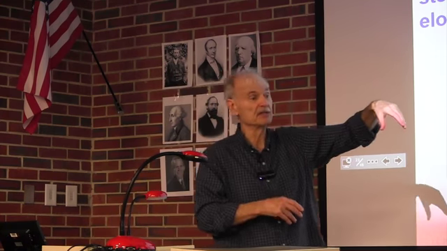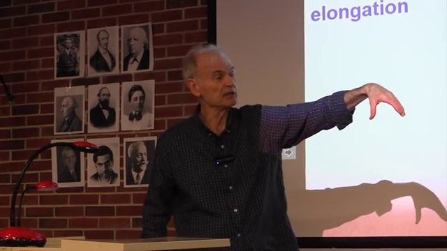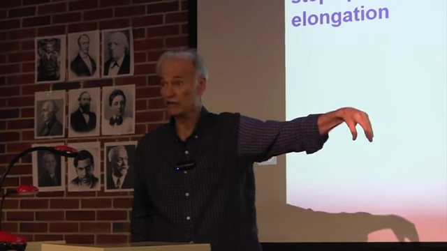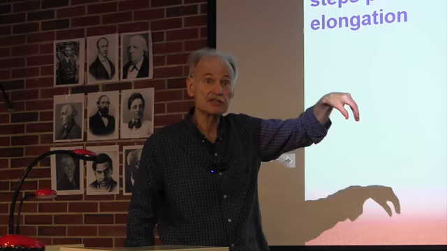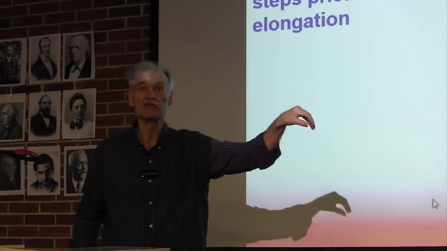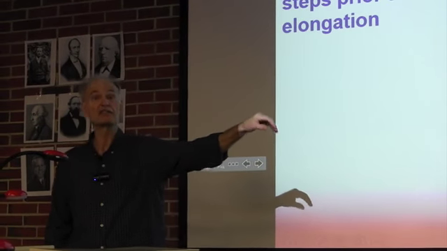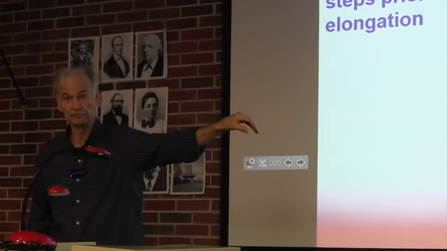When initiation is finished and sigma leaves, it leaves the polymerase clamped back down again as it's elongating, which means it's not going to fall off of the DNA very readily. It increases processivity because of that.